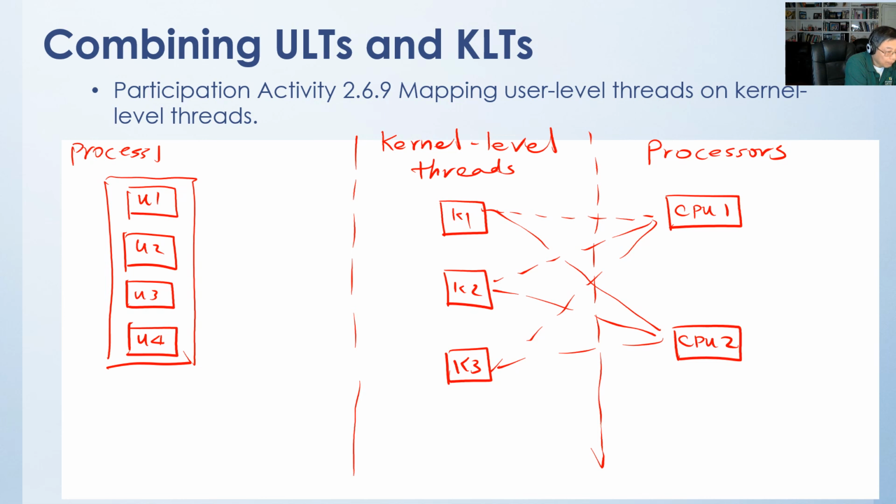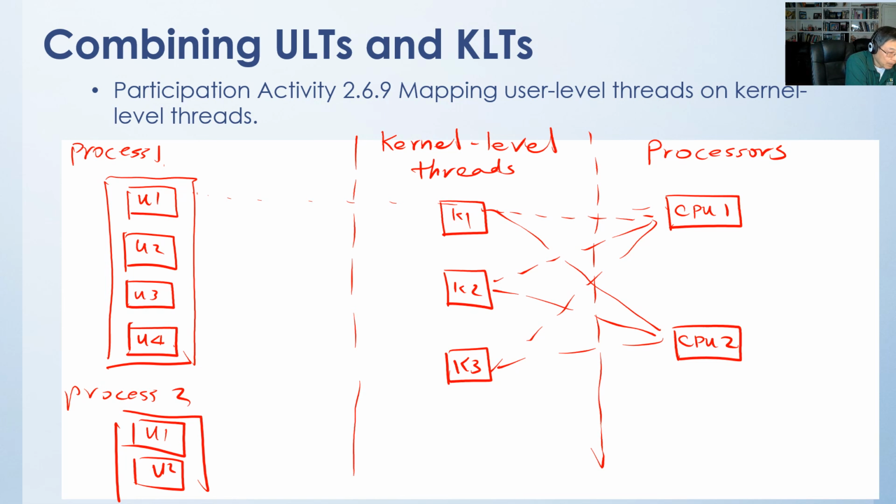If the operating system does not support kernel level threads, then the process deals directly with the CPU. But now we can do the mapping. So I have four threads for process 1, and process 2 could also contain a couple of threads.